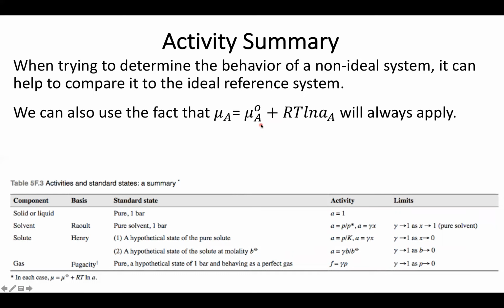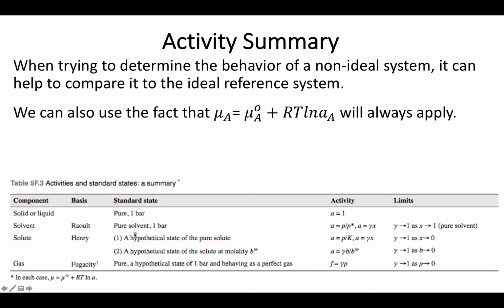And this will always be equal to RT ln of the vapor pressure over the ideal vapor pressure. These are our base equations.